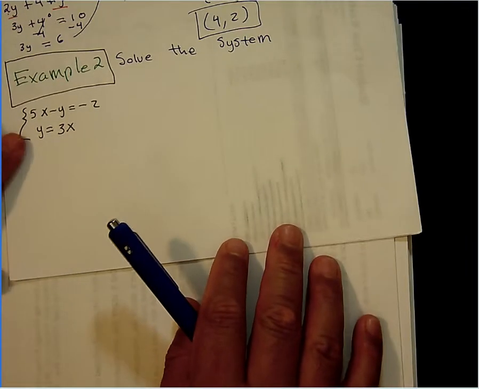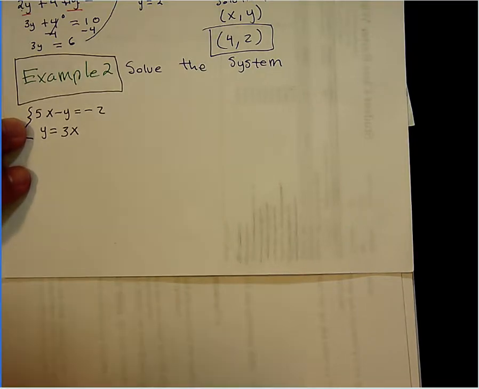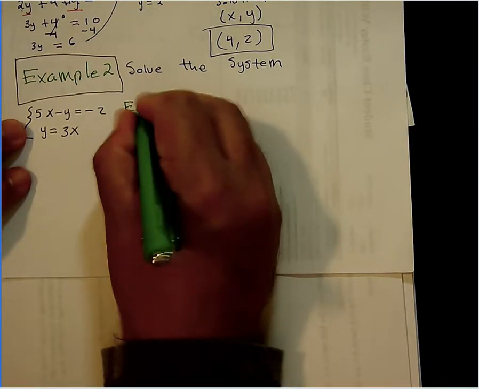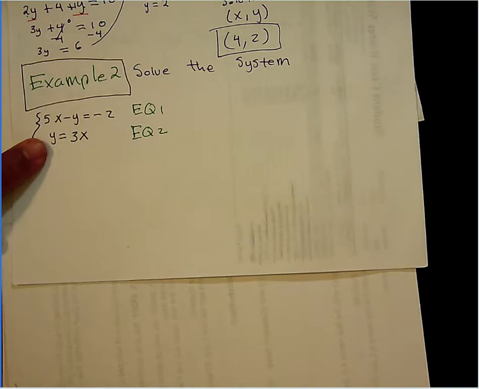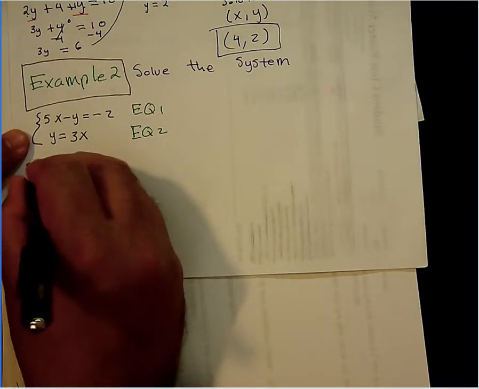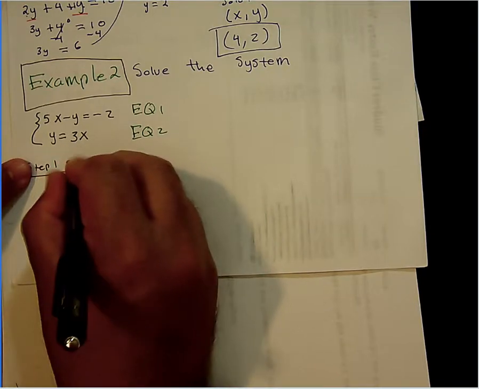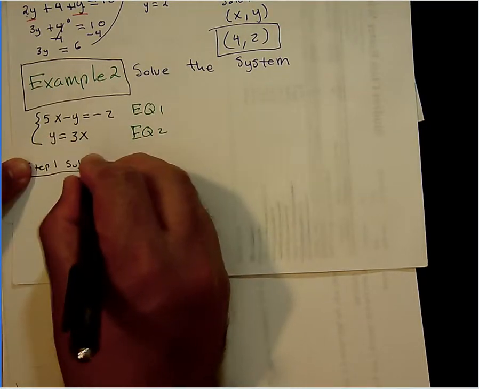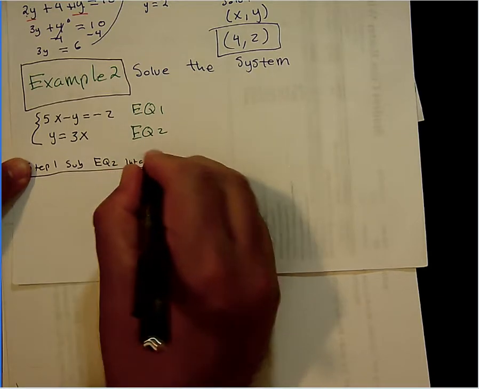Okay, example 2. I'm going to name that equation 1 and equation 2. Equation 2 is already solved for y. So for step 1 here, you can substitute equation 2, which is solved for y, into equation 1.